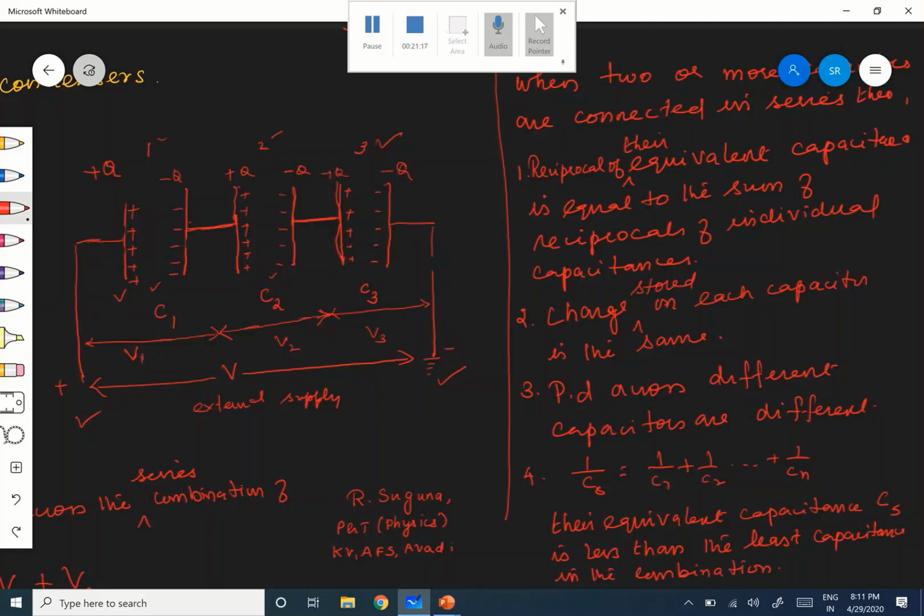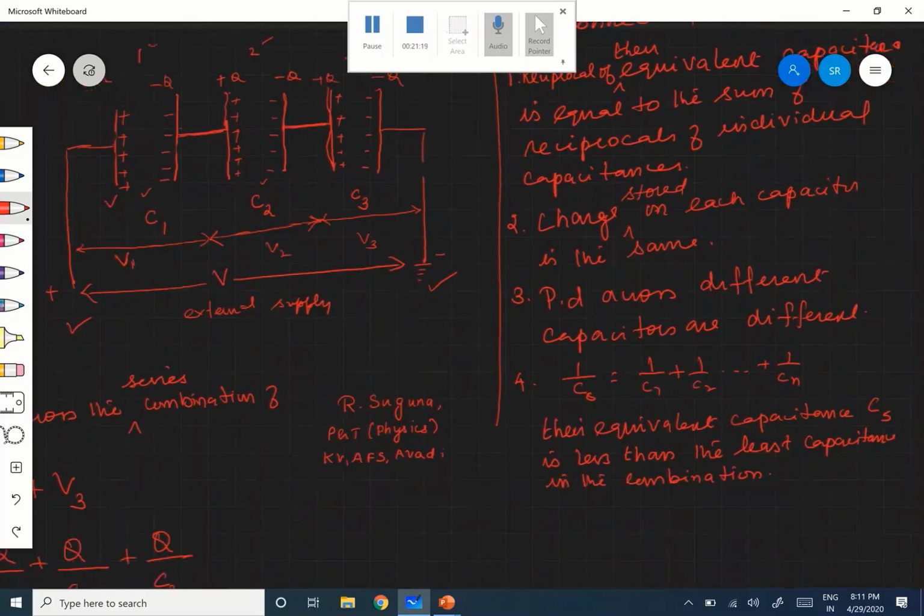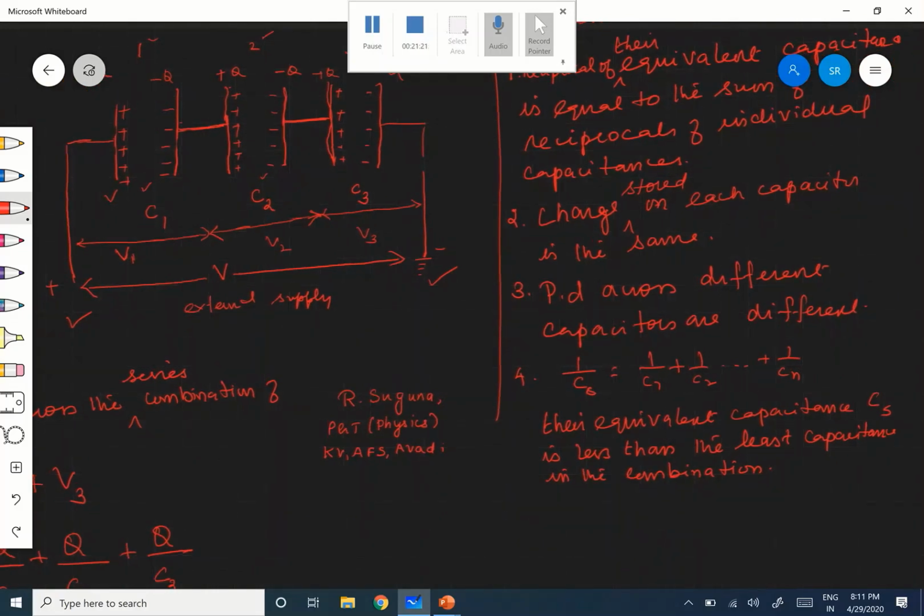What do you mean by that? For example, C1 is equal to 1 microfarad, C2 is equal to 2 microfarad, and C3 is equal to 3 microfarad. I am giving you an example just to understand this.